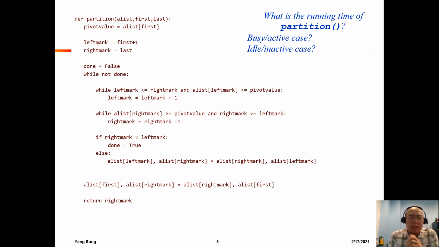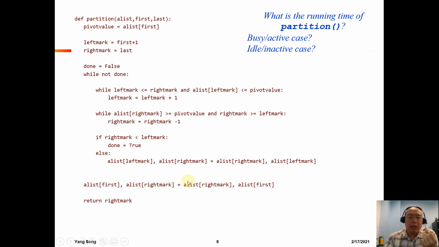But why am I saying what is the busy or active case? Well, this depends on how many swaps we want to do. If we want to execute this line a lot, this means there are many values on the wrong side, so we have to do a lot of swaps.